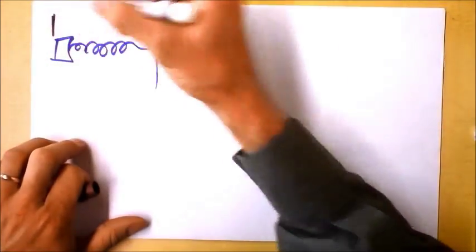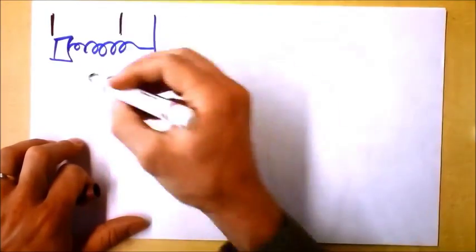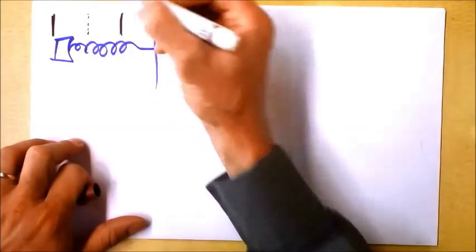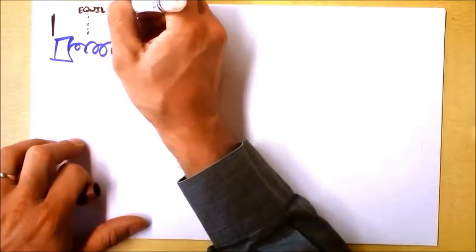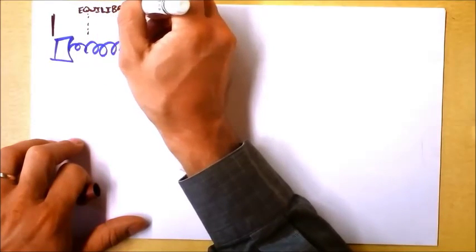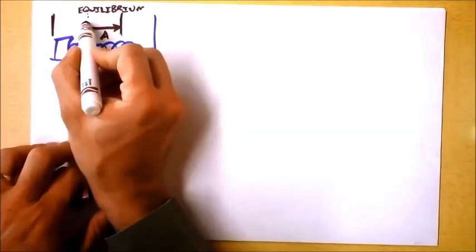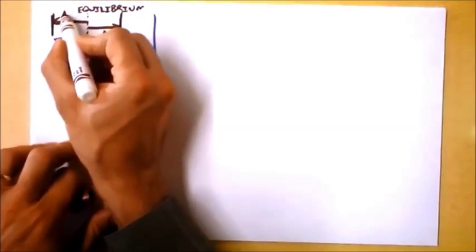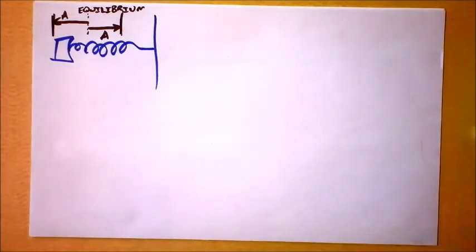Maybe it was going to here, and it would crunch up to there, and this location here was equilibrium. At the center is equilibrium, so this distance here we can call the amplitude, and also this distance here we could call the amplitude.